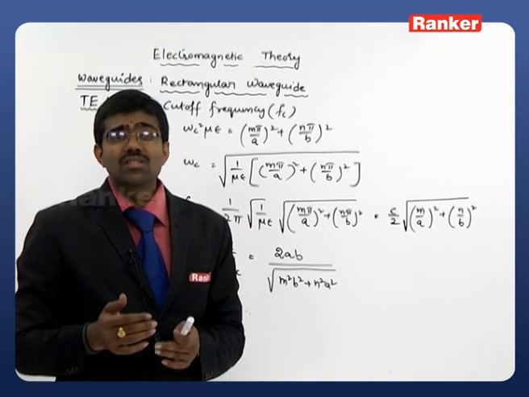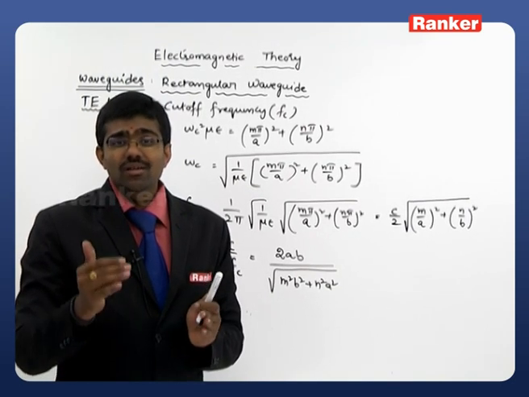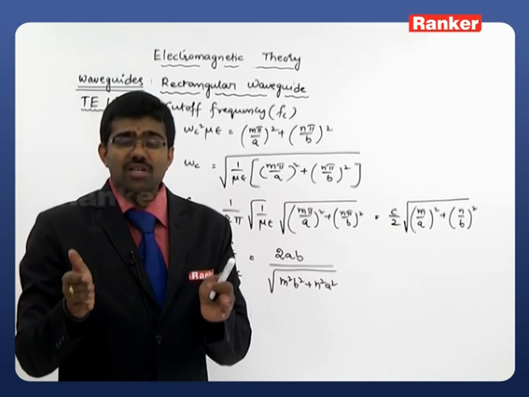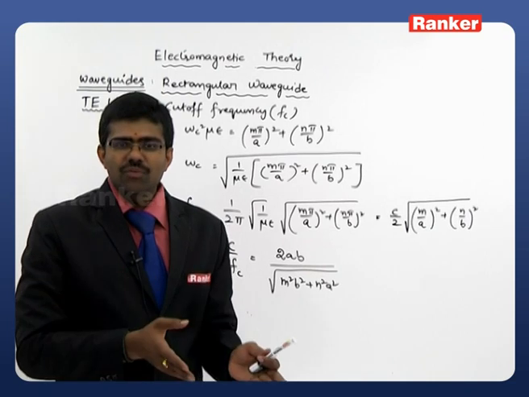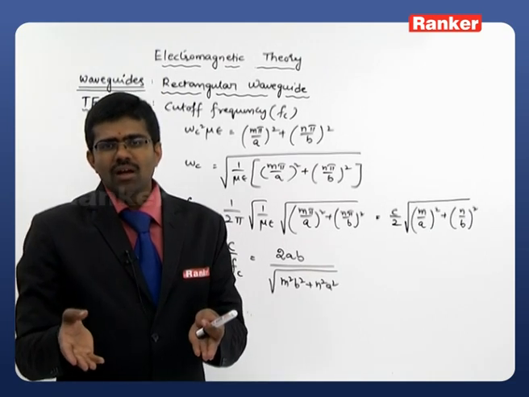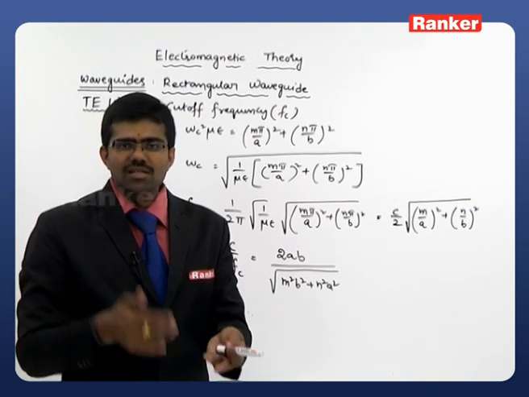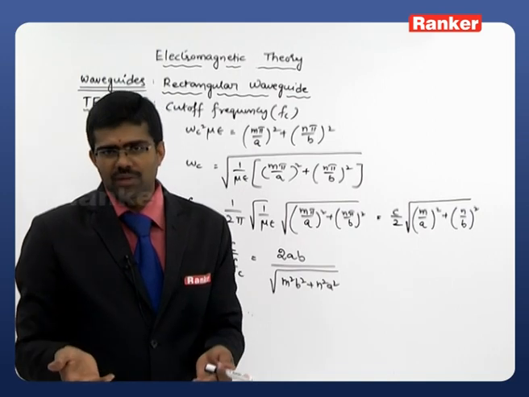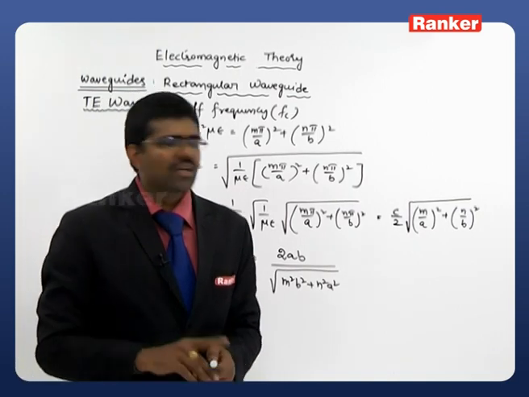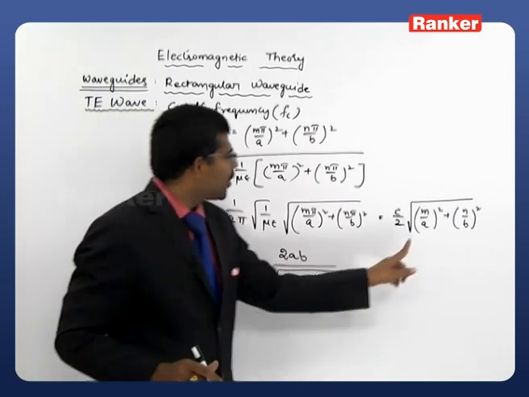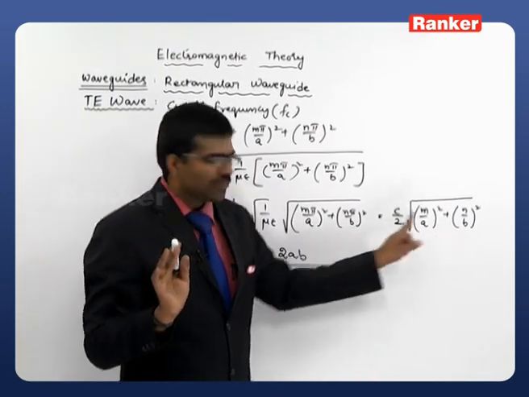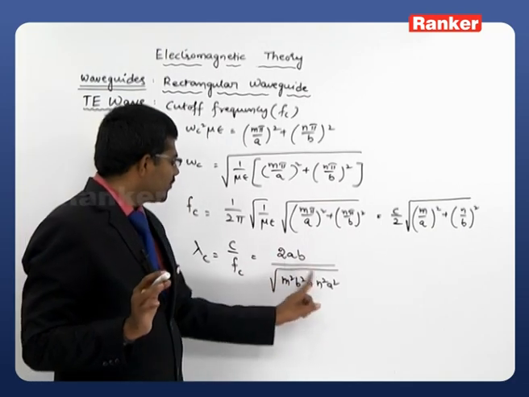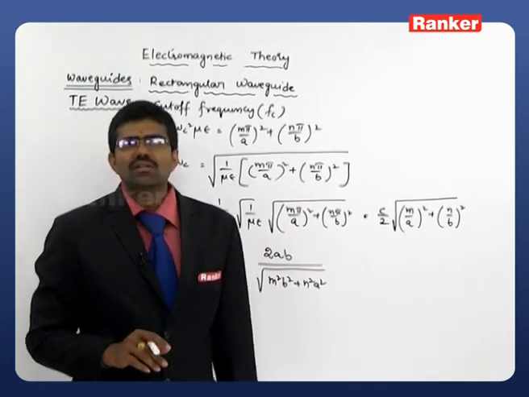So we have to observe the different possible modes which can be transmitted, and among them which one has the least or highest cutoff frequency, or the highest or least cutoff wavelength. But remember that the cutoff frequency, and likewise the cutoff wavelength, depends purely on the dimensions of the waveguide as well as the mode which is traveling.